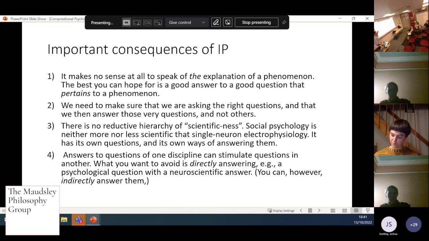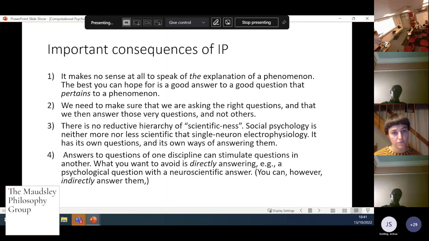There's no reductive hierarchy of scientificness. Social psychology is neither more nor less scientific than single neuron electrophysiology. It has its own questions and its own ways of answering them. So answers to questions of one discipline can stimulate questions in another. But what you want to avoid is directly answering, for example, a psychological question with a neuroscientific answer.